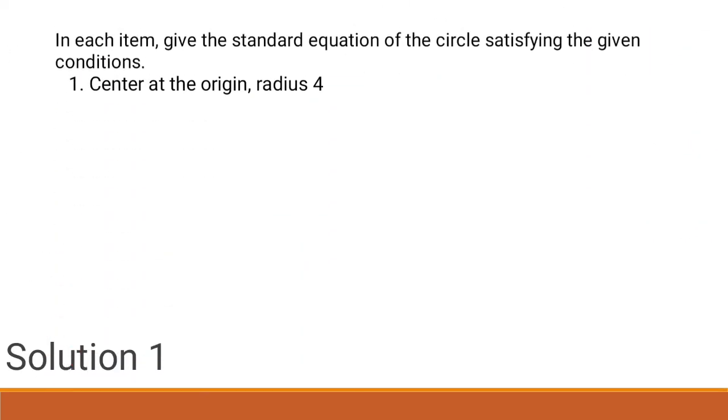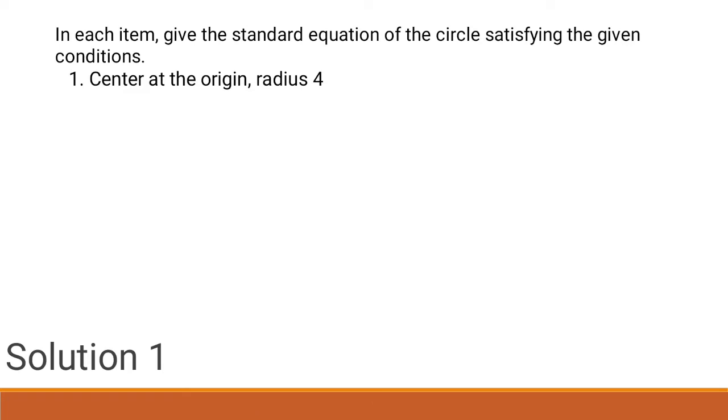For our number 1, with the center at the origin and radius of 4, the standard equation of a circle with the given formula is (x minus h) quantity squared plus (y minus k) quantity squared is equivalent to r squared. You will notice the center is at the origin.